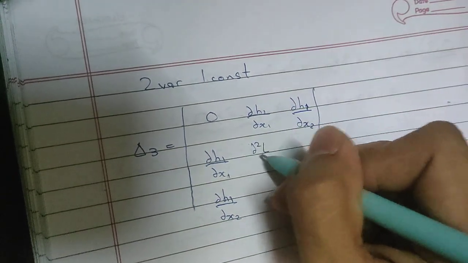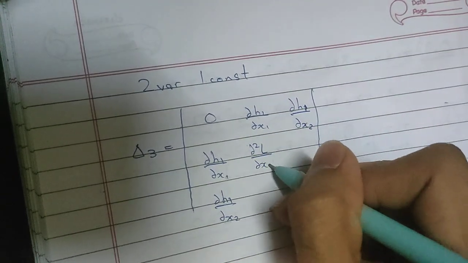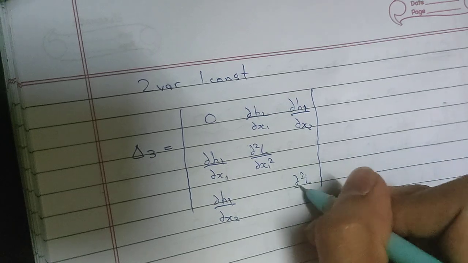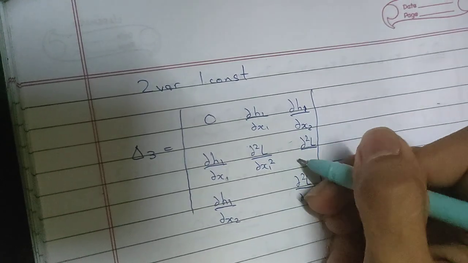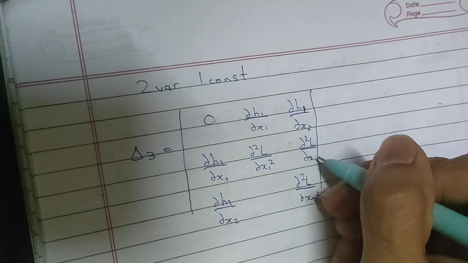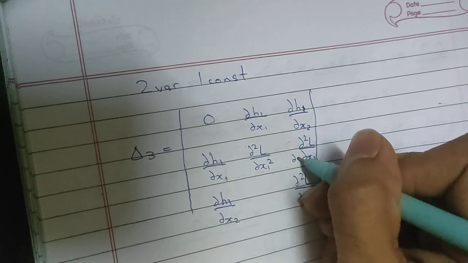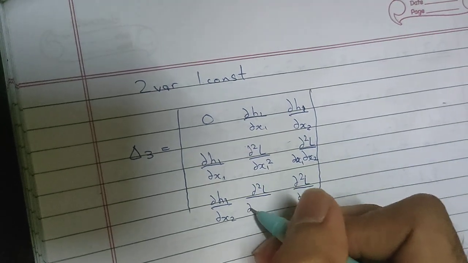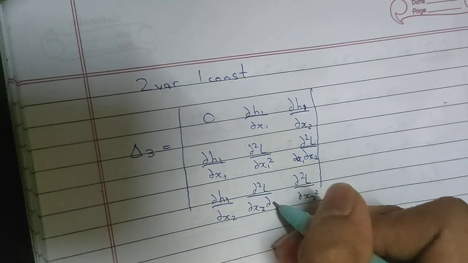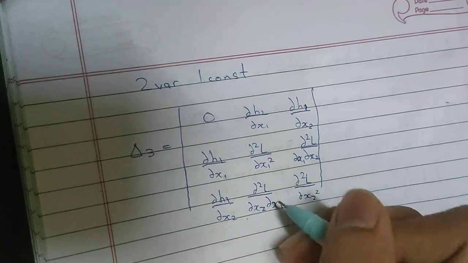Here we'll be differentiating the Lagrangian function: del square L by del x1 square, del square L by del x2 square. Then we'll have del square L by del x2 del x1, and over here it will be reversed.